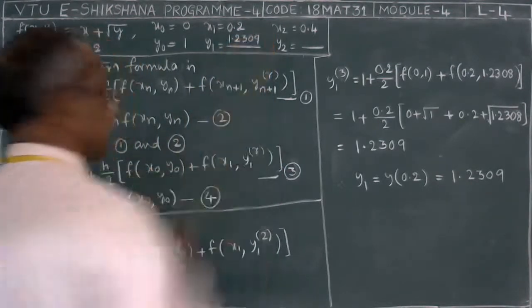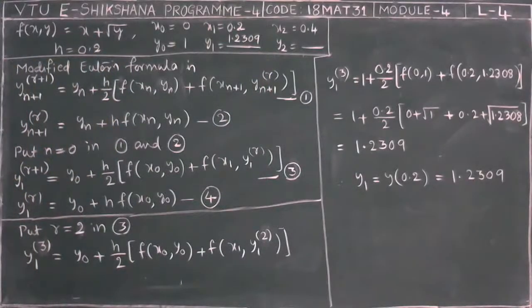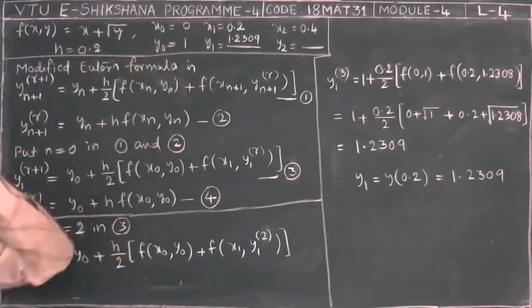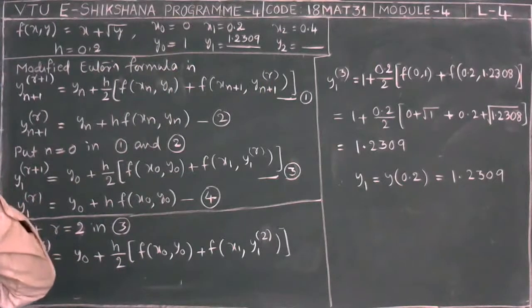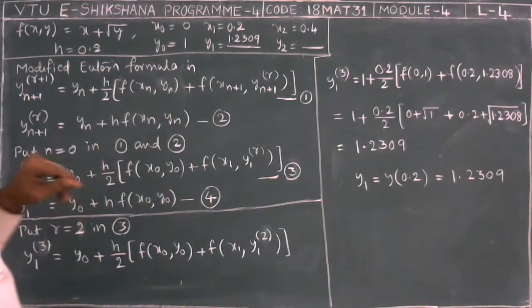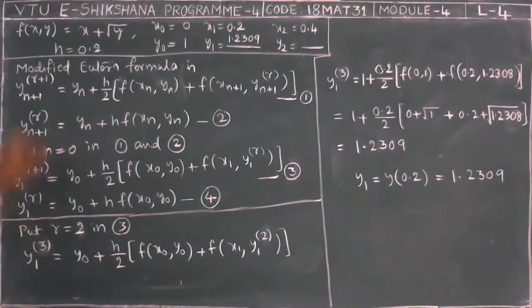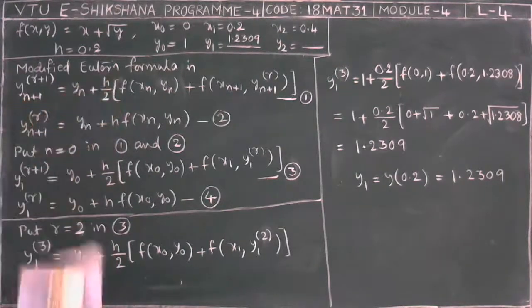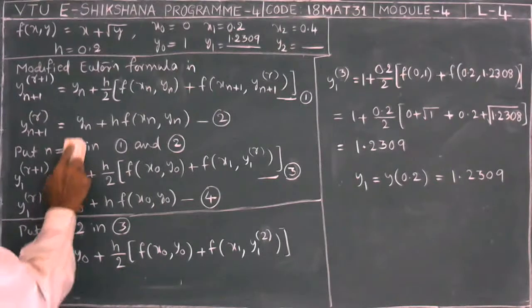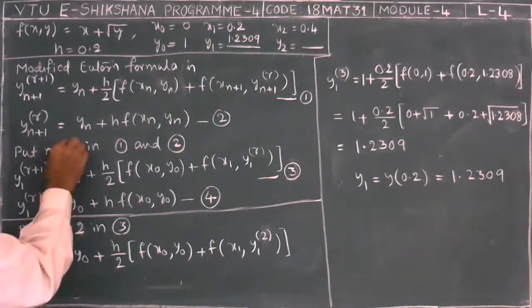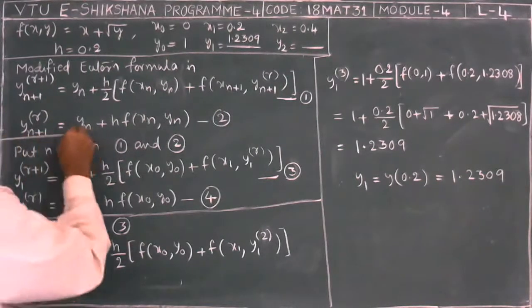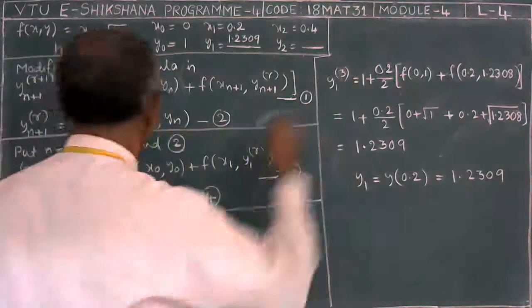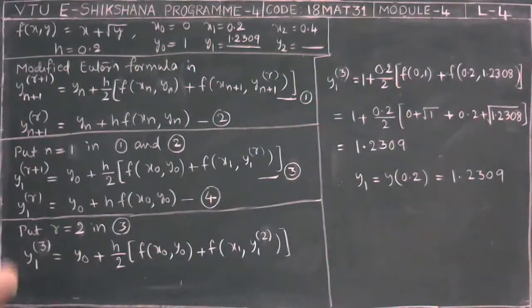So I got the value of y1 as 1.2309. Next I have to compute the value of y at x is equal to 0.4. So I have to fix n is equal to 1 in 1 and 2. Put n is equal to 1 in 1 and 2. So what do we get?